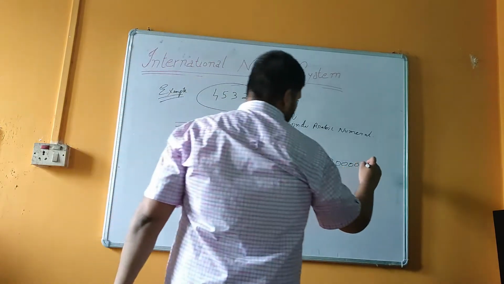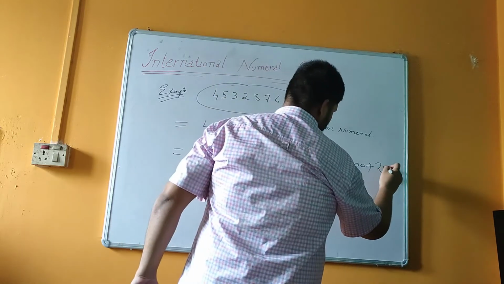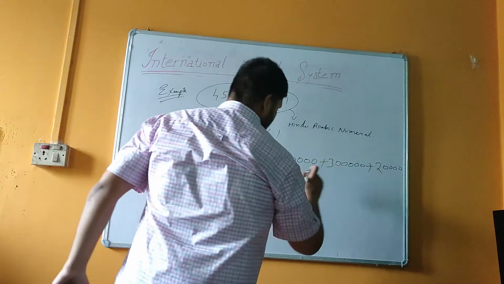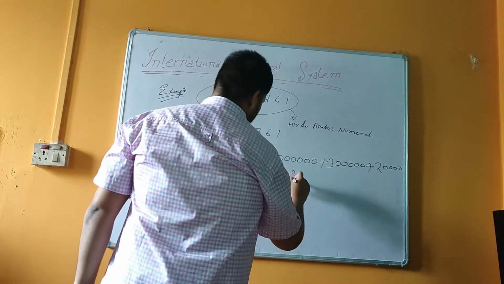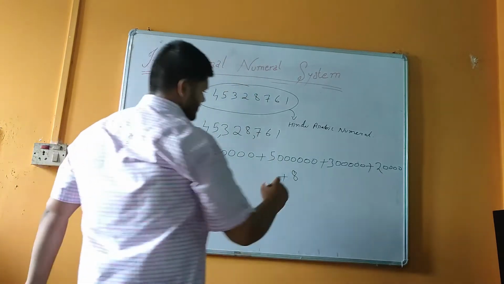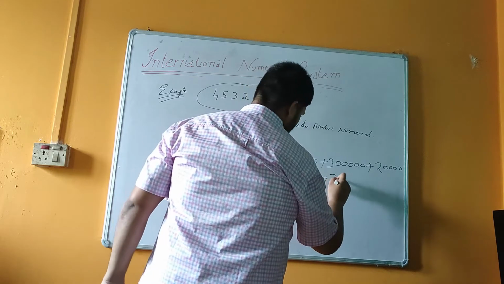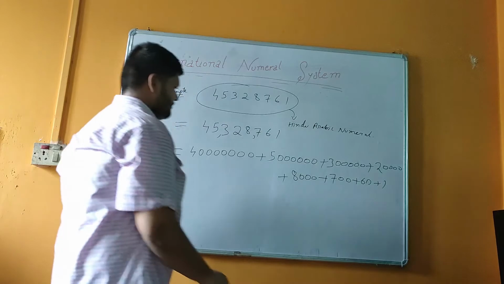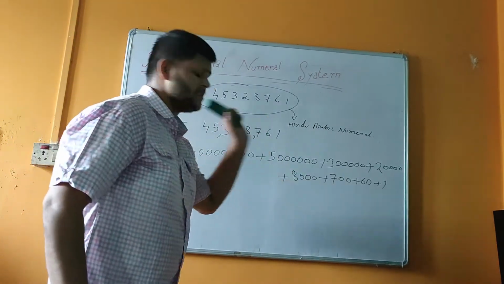After 2, how many digits? 4 digits. There is no space, that's why I am writing it over here. After 8, how many digits? 3 digits, so 3 zeros. After 7, 2 zeros. After 6, 1 zero. And then 1. Okay. This number has been split in this fashion.